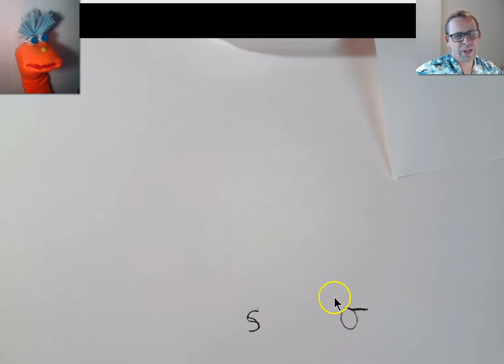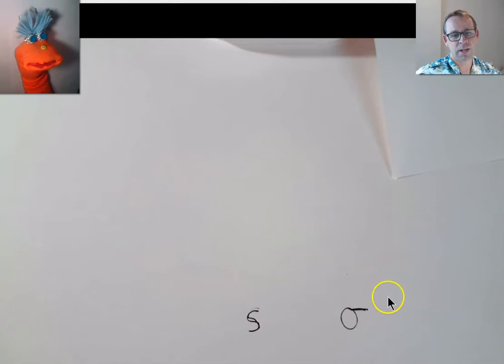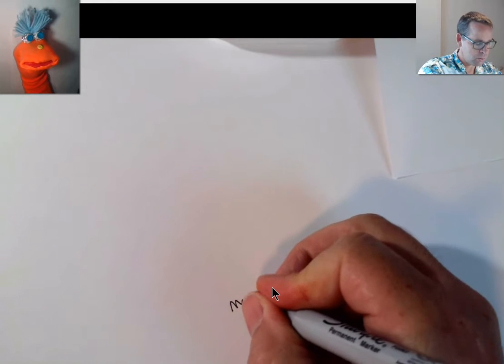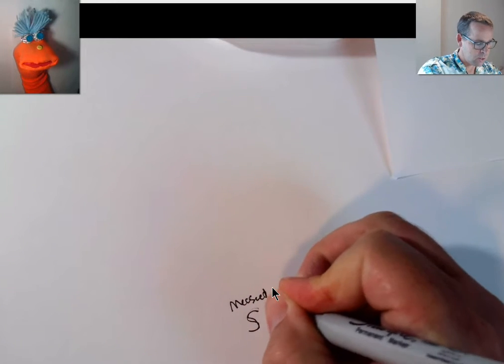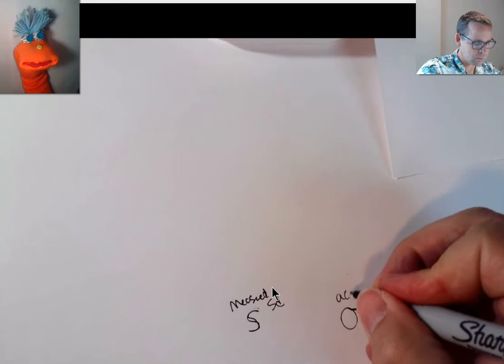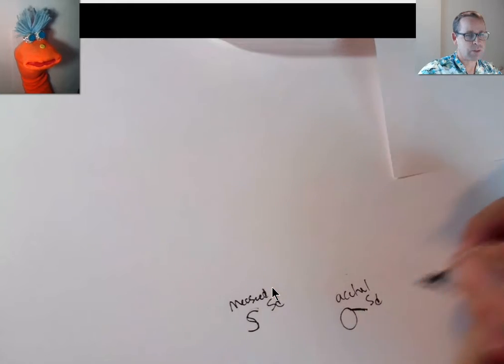Nobody can ever find the actual true standard deviation because nobody's going to measure every single sample that there is to measure, but that's all right. You can call it the standard deviation of the population if your lab decides to call it that. But this is the measured standard deviation, and this is the actual standard deviation.